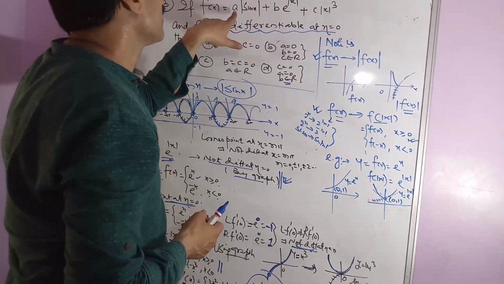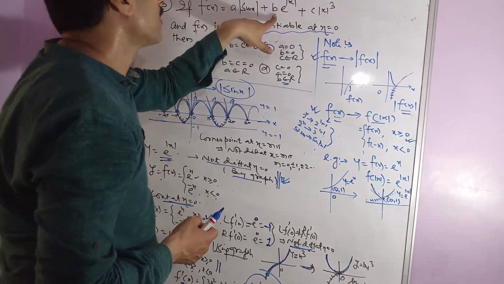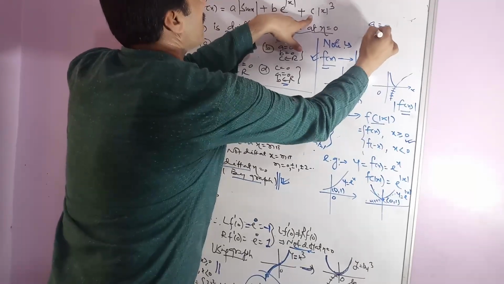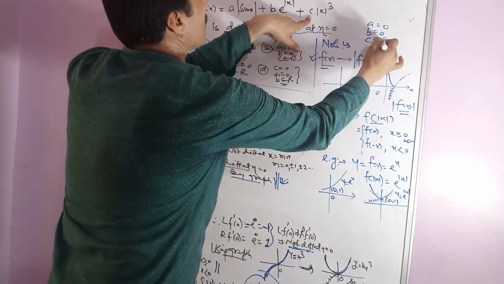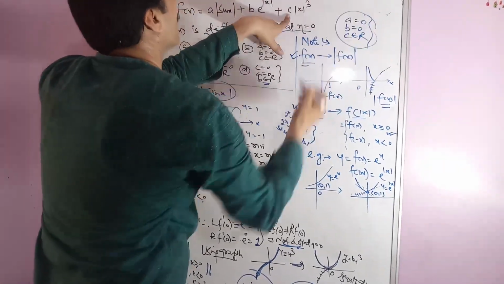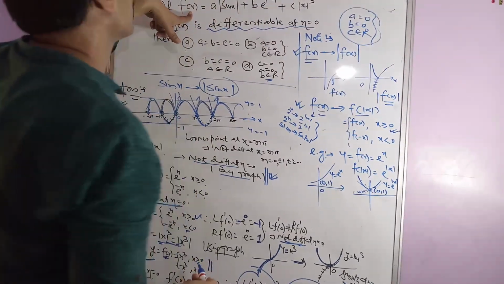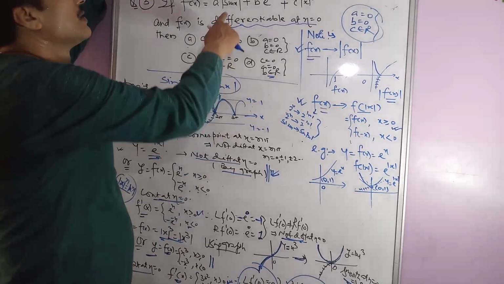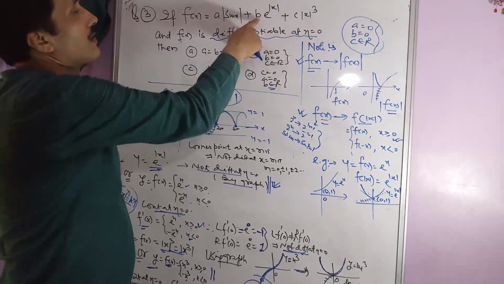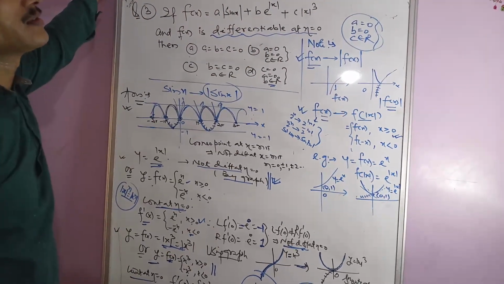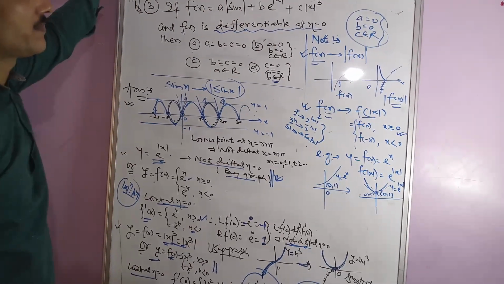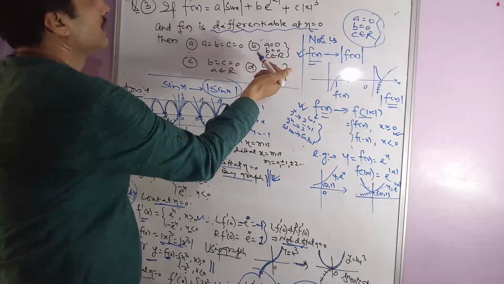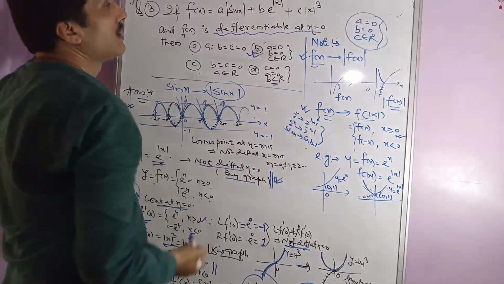Here a equal to 0, b equal to 0 and c be any arbitrary real number. In such case the function will be differentiable at x equal to 0. Otherwise, the sum of a differentiable and a non-differentiable function is always non-differentiable. So here the answer is a equal to 0, b equal to 0 and c belongs to any real number.